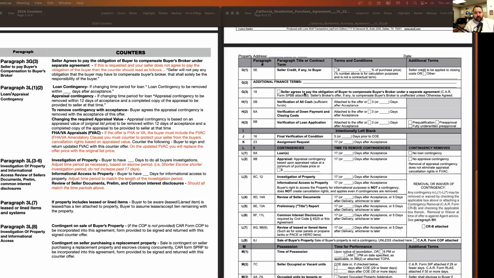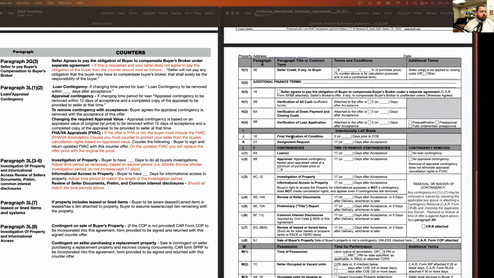Not the commission that's being paid by the listing broker to the buyer's agent that's in the MLS, but the separate obligation. This is asking for the seller to incur more costs and pay that. Okay. So that's what that's about. That's 3G3. That would include a separate form that needs to be included in the offer, but that would be your counter offer here. Seller will not pay any obligation the buyer may have to compensate buyer's broker. That shall solely be the responsibility of the buyer.